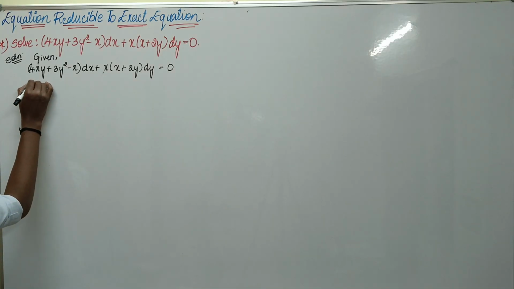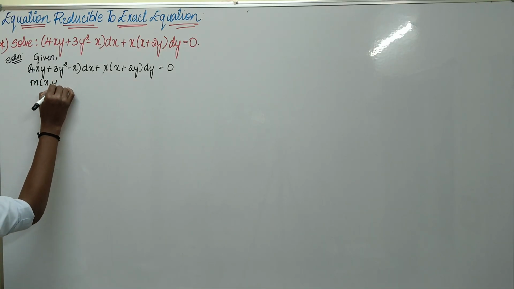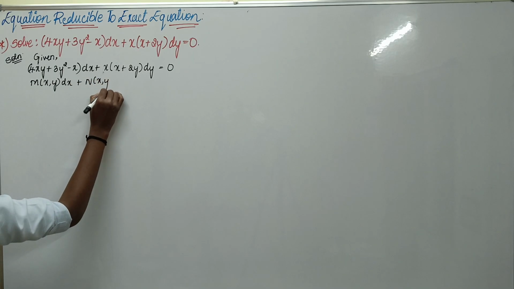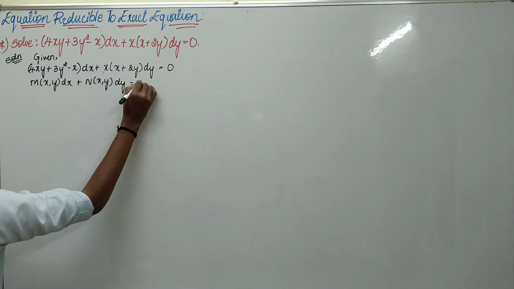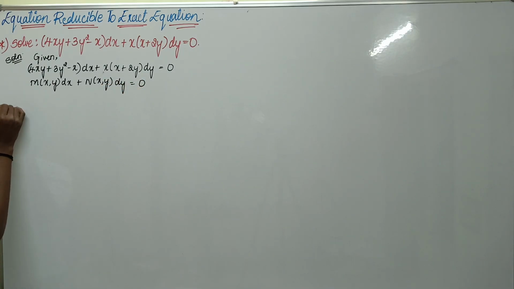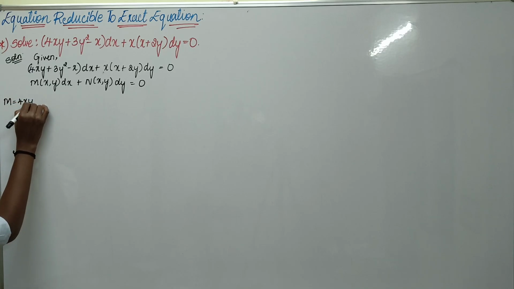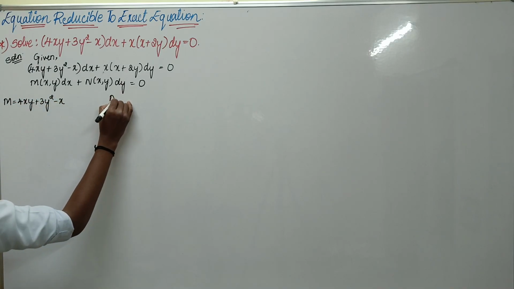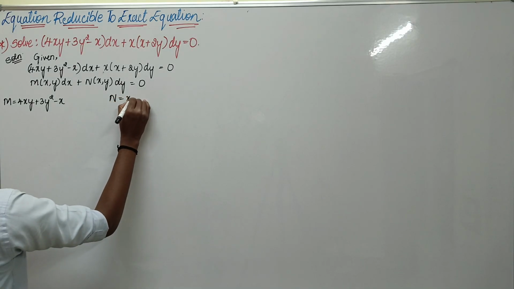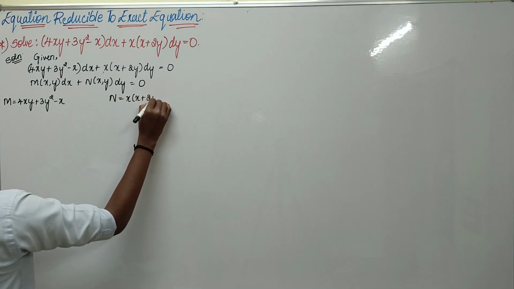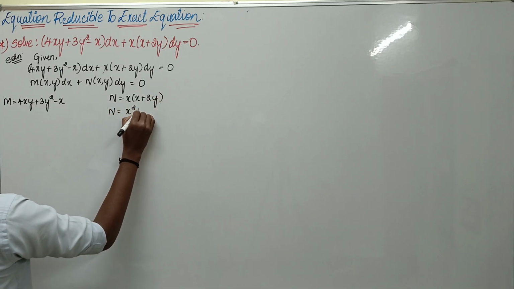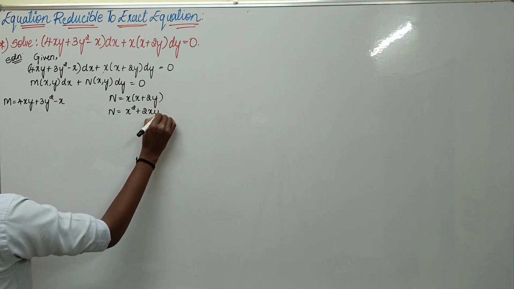Always it should be of the form M(x, y) dx + N(x, y) dy = 0. Now let us represent M = 4xy + 3y² - x, and N = x(x + 2y), which on multiplying x gives x² + 2xy.